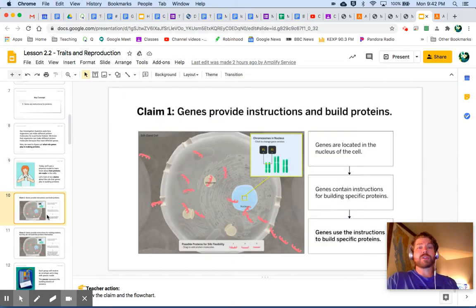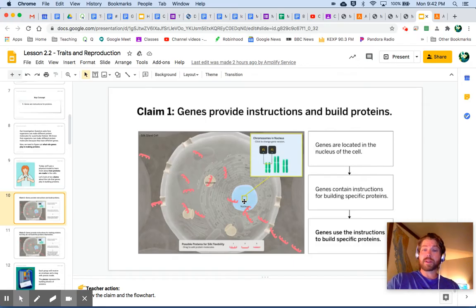The first one: genes provide instructions and build proteins. Let's look at these things over here. Genes are located in the nucleus of the cell. Everyone say, by the way, nucleus, nucleus, nucleus. Thank you. This is where we find our genes. We just did a tiny bit of study in microbiomes on certain features of the cell, and hopefully we remember that the nucleus was something in the cell.